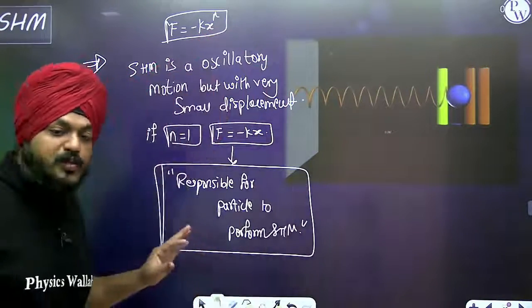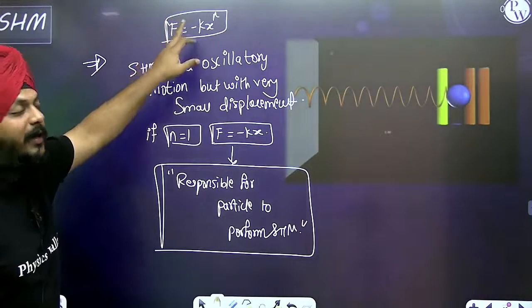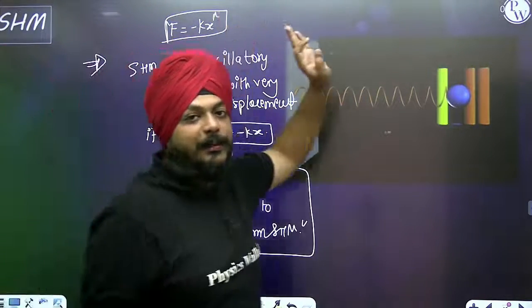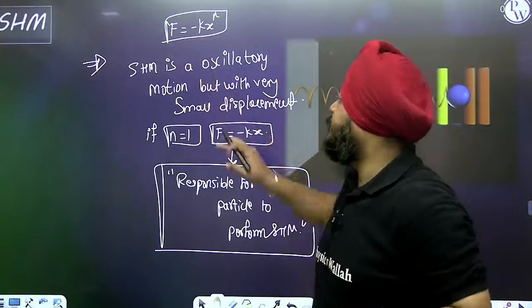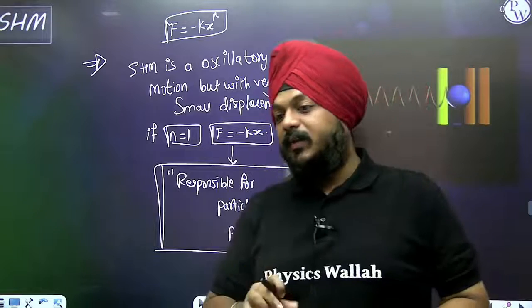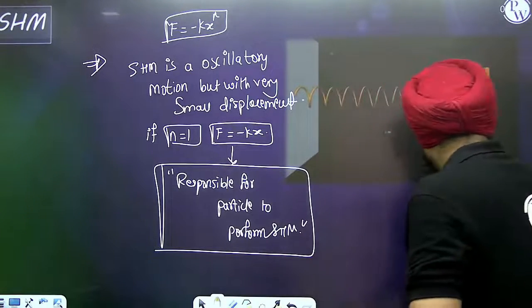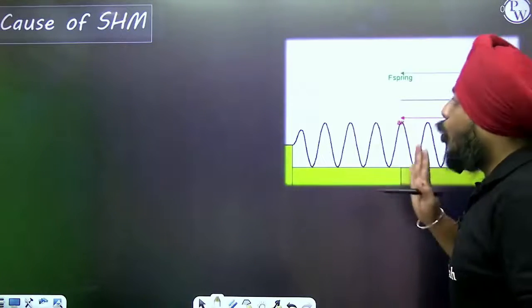But now we are going to see the explanation. I told you F is equal to minus kx to the power n expresses all oscillatory motions. But how is this going to be the reason for SHM, the actual cause of SHM?